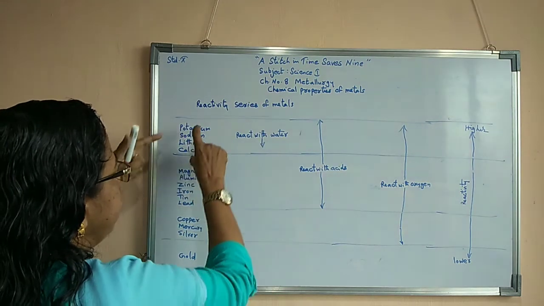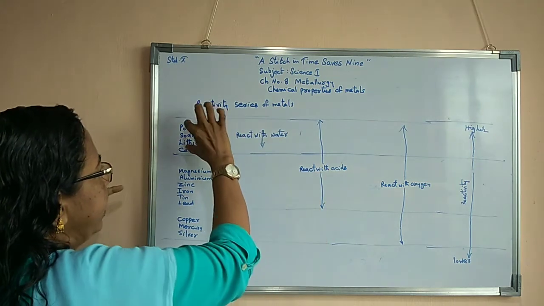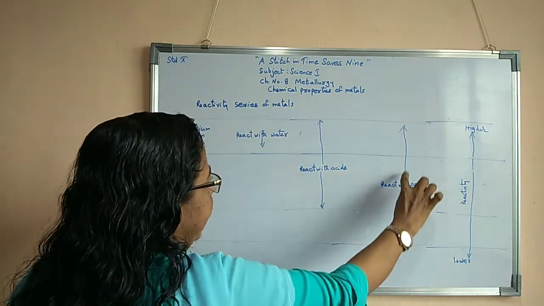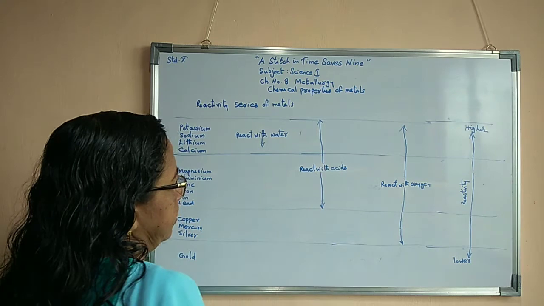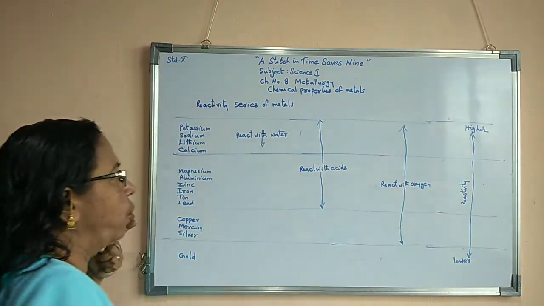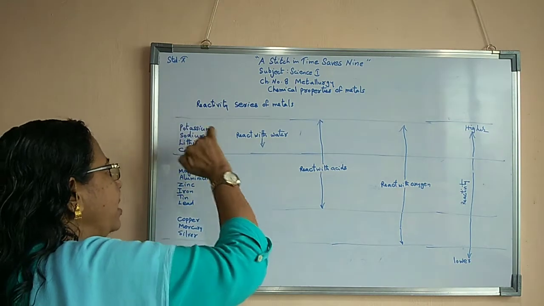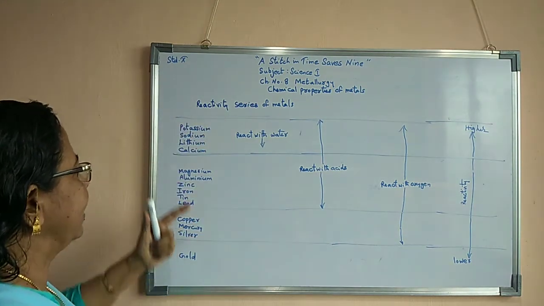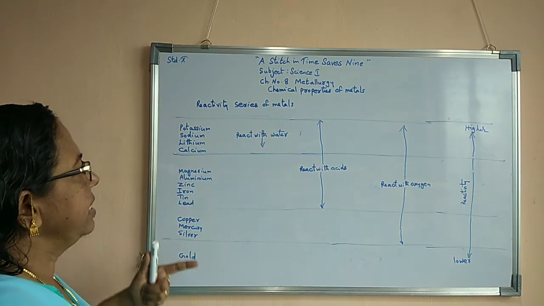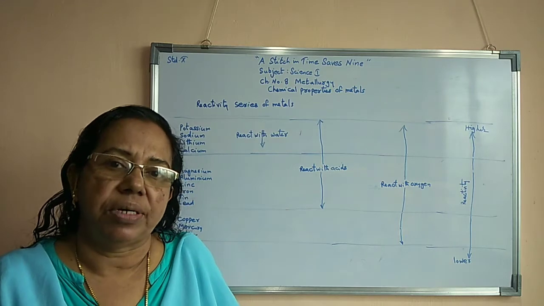We can say that these elements even react with acids. Again I can say these elements even react with oxygen. So we can say that they have high reactivity. Compared to all these metals, potassium is having the highest reactivity power.